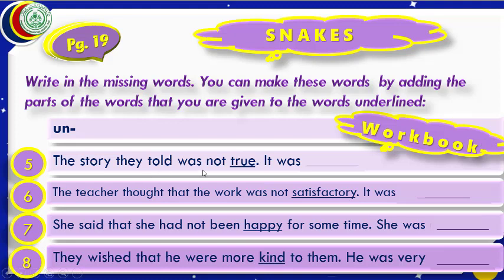The story they told was not true. It was untrue. We shall add this un in the beginning of this given word, true. It will become, it was untrue. In the next part, the teacher thought that the work was not satisfactory. It was unsatisfactory.